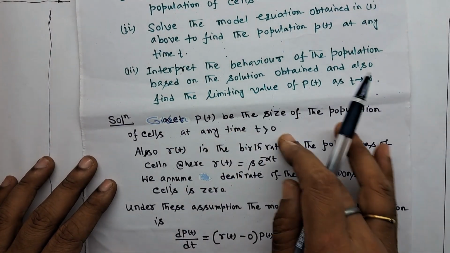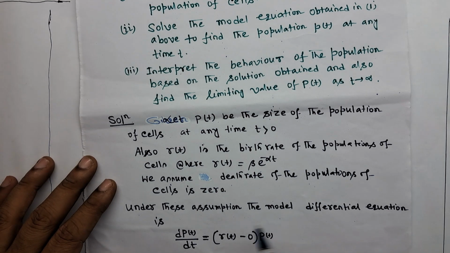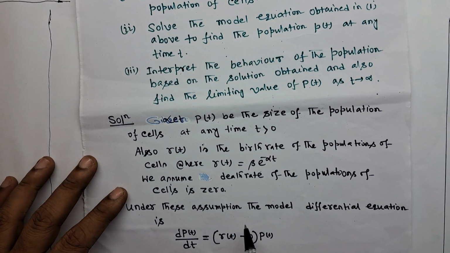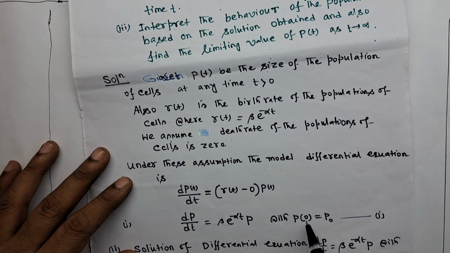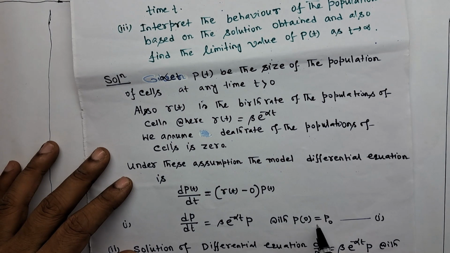Under this assumption, the model differential equation is dP/dt equals (birth rate minus death rate) multiplied by P(t). So dP/dt equals beta e to the power minus alpha t, times P, with initial value P(0) equals P0.